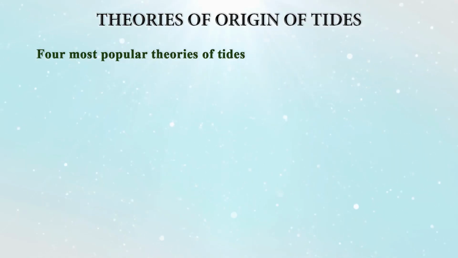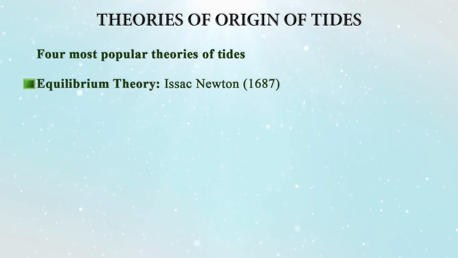And now learners, you should know about the different theories which were given related to the origin of tides. We have already covered some portion of the equilibrium theory, based on gravitational force of attraction between the heavenly bodies, and this theory was given by Sir Isaac Newton in 1687.